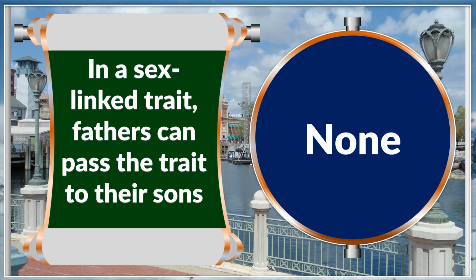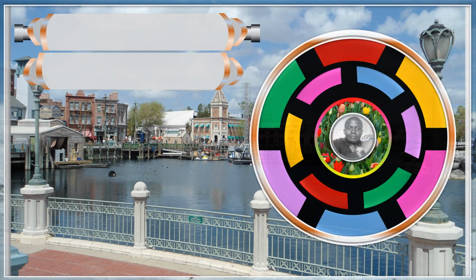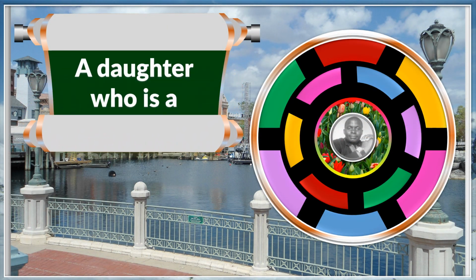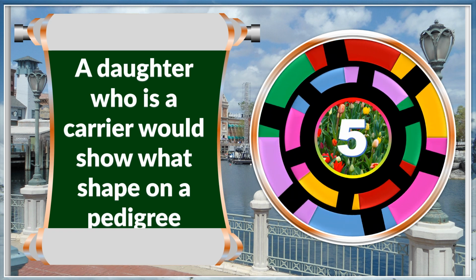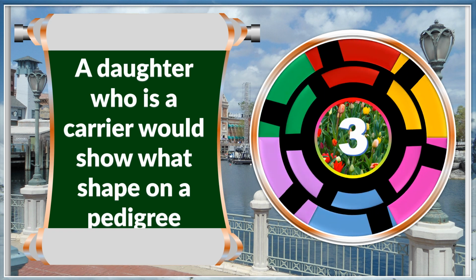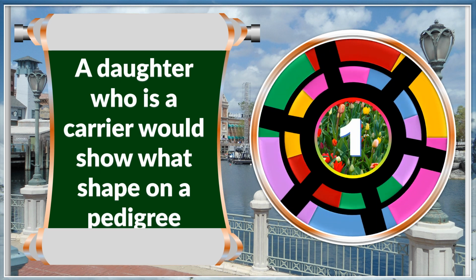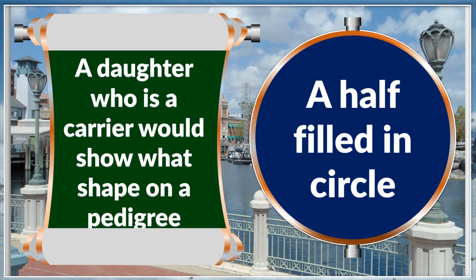None. A daughter who is a carrier would show what shape on a pedigree? A half-filled in circle.